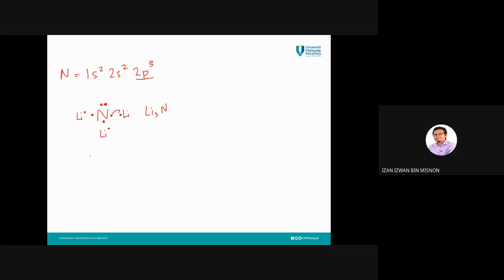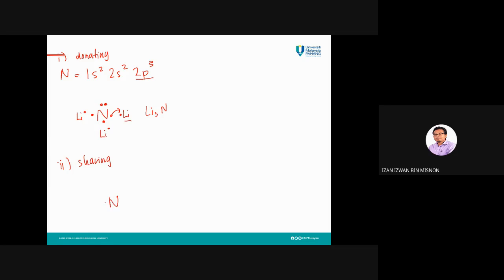The second way is by sharing the electron. Since Li3N is a reaction between metal and non-metal, the electron is donated. So number 1 is by donating, number 2 is sharing.